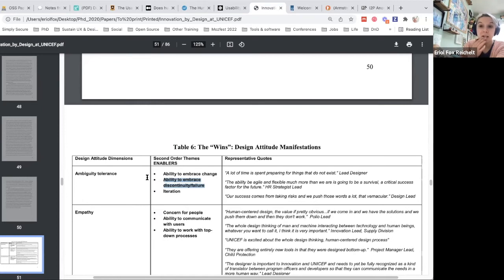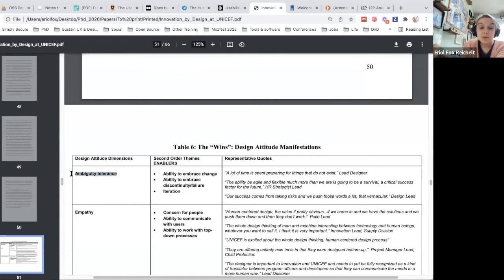It often discontinues, fails, or the maintenance effort is non-linear, non-forward progressing. Sometimes it stagnates and stays still. Sometimes different things happen here. Within design, that means a lot of different things, but these are categorized as the wins for design attitude manifestations.